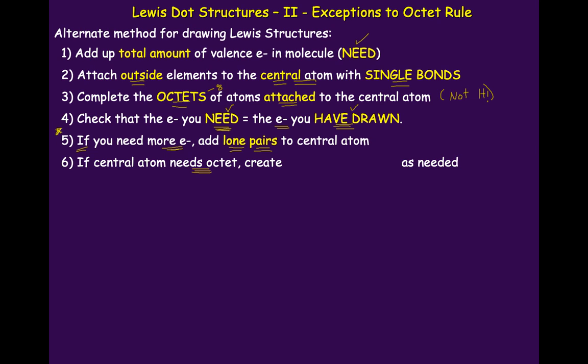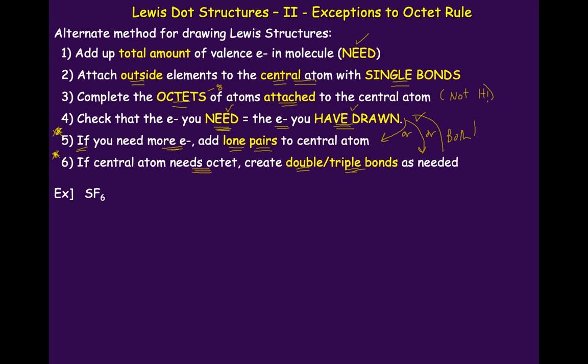You can't have more than what you need. You can create double bonds and triple bonds. So step 5 and 6 are going to adjust your structure just in case this step doesn't work. We're going to get to that a little bit. So based on this, you can do that or both, if you need to. Again, that's going to be your judgment call.